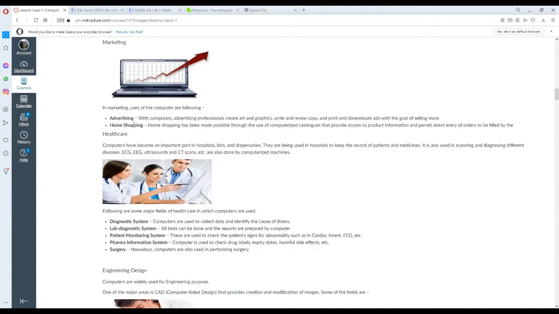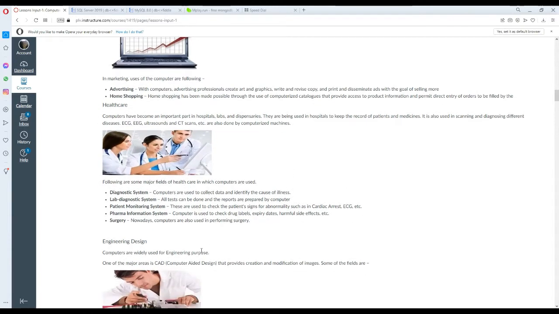It is also very important in the field of healthcare. Okay, computers are used not only to analyze data but to operate different devices such as ECG, ultrasound, CT scan, MRI, and other particular equipments.